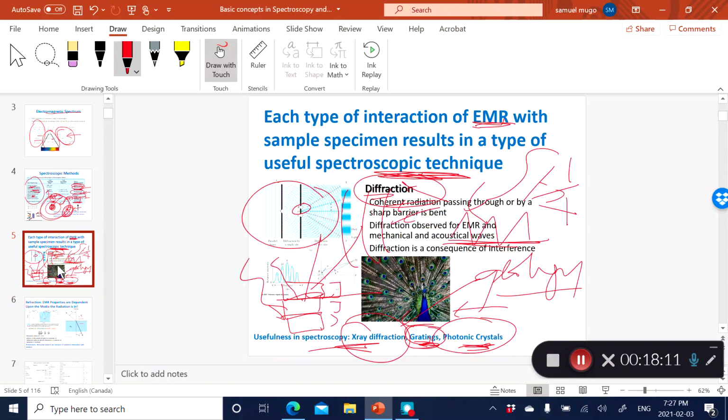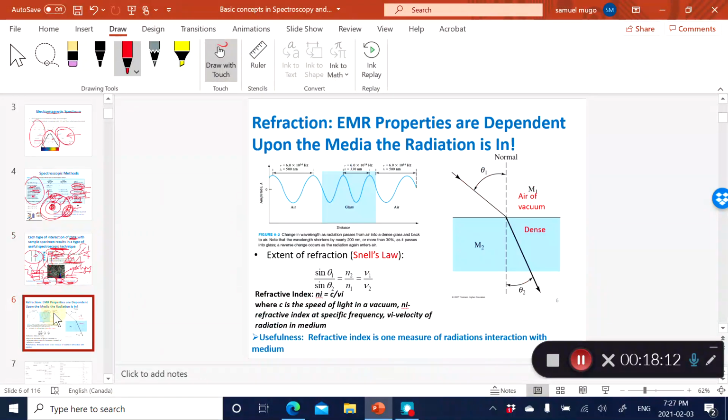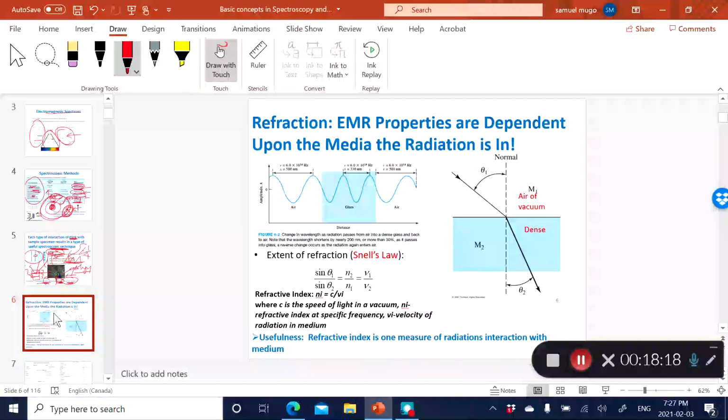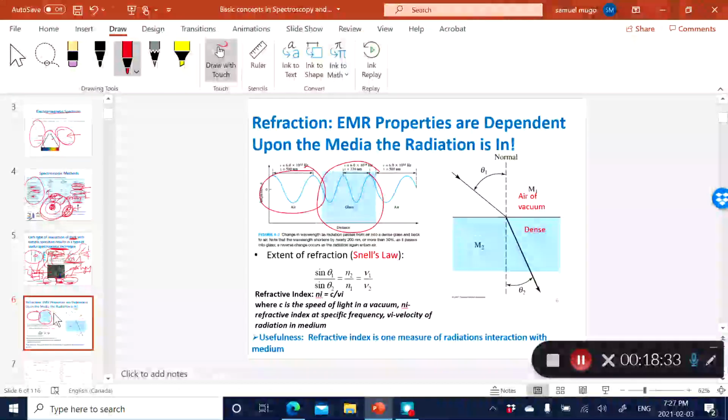Now, other than diffraction, we also know that electromagnetic radiation, when it impinges on a material, say you've got light coming from air and impinging on glass, we know the velocity of light is dependent on the refractive index of the material that it is trying to penetrate through. And as such, we know that light changes its velocity when it gets into a fairly dense material, such as glass.